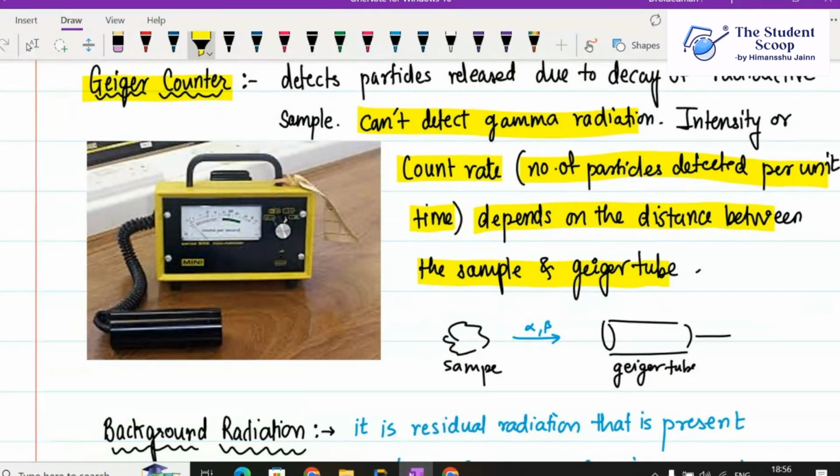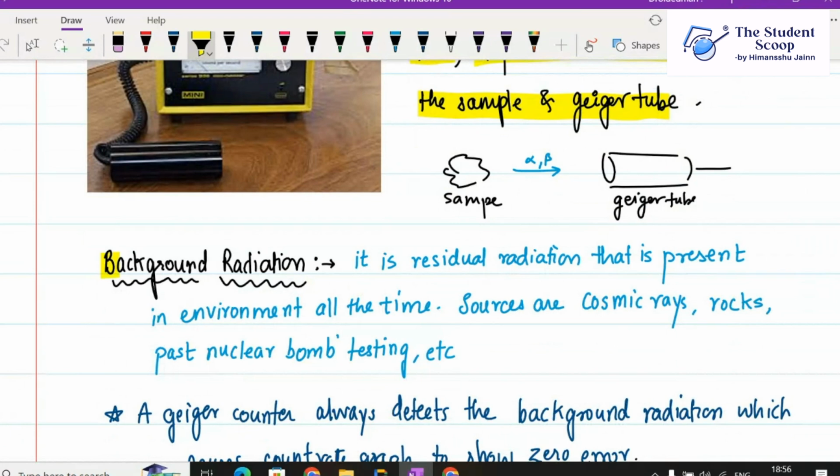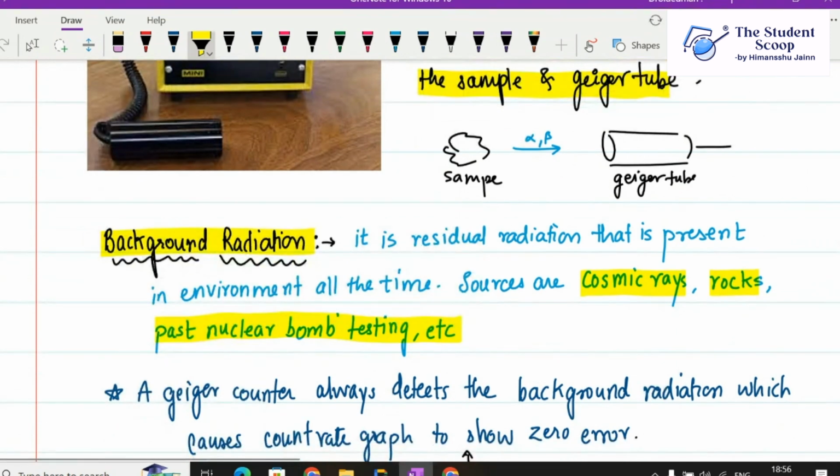We also need to know another quantity called background radiation. It is basically the residual radiation that is there everywhere right now. A lot of radiation is passing through your body, so that is present all the time. The sources are the cosmic rays from the sun, the rocks, the concrete, the roads, and past nuclear bombing, everything. These usually interfere with the Geiger tube, because the Geiger tube can't differentiate between particles coming from the sample or from the nearby background radiation.